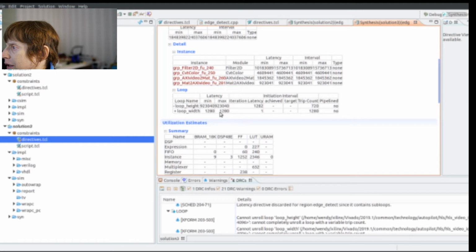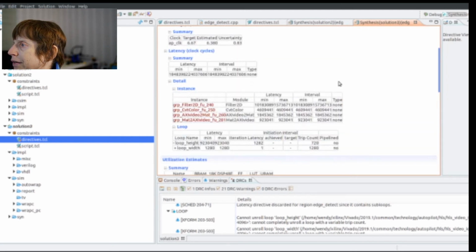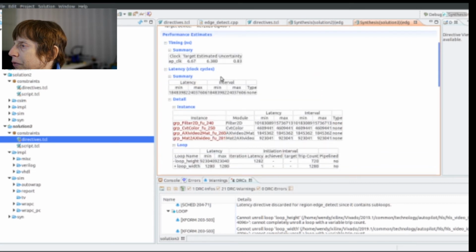It doesn't look like it was able to do too much with the pipeline. So that was probably a pretty useless item. But it's kind of interesting that it came closer in terms of time.